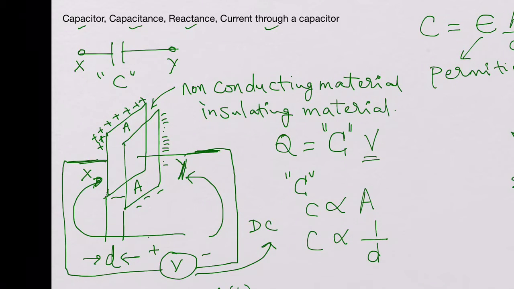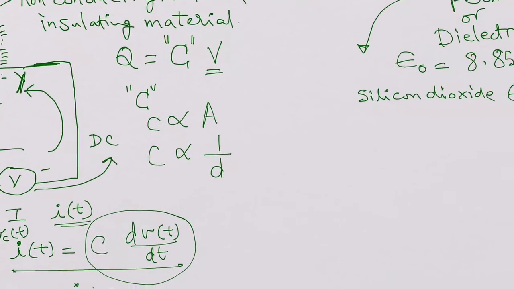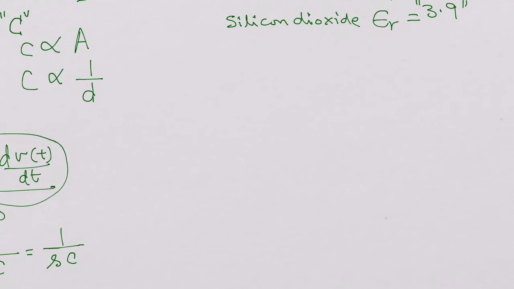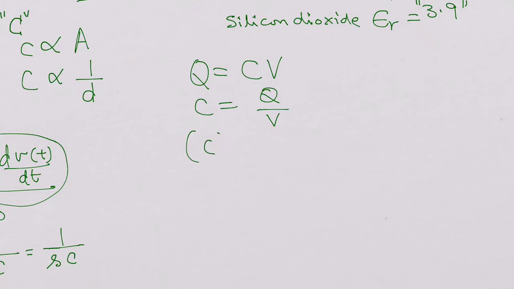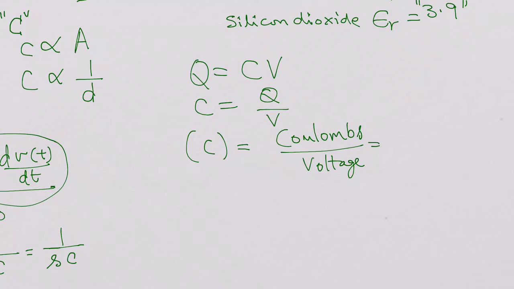Now let's see what the units of capacitance are. We have written Q, which is charge, is C times V, and C is Q over V. Now the units of C are coulombs, the units of charge over voltage, and this is farads.